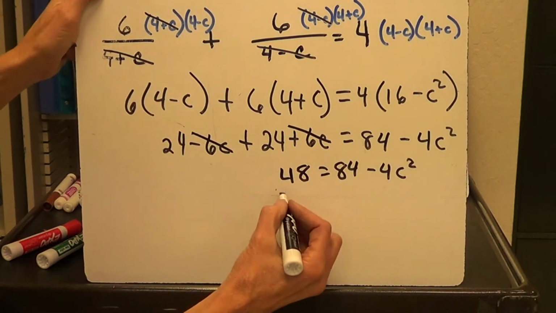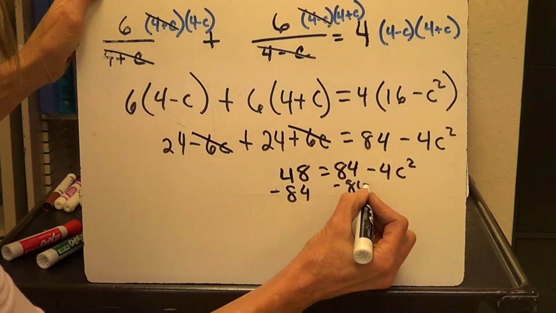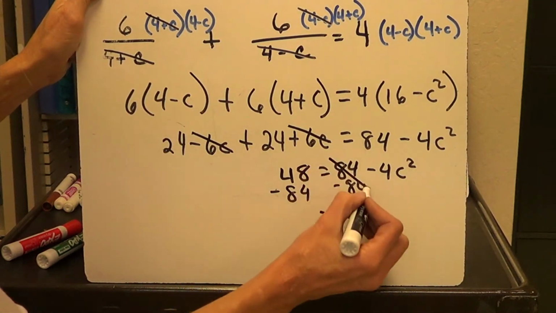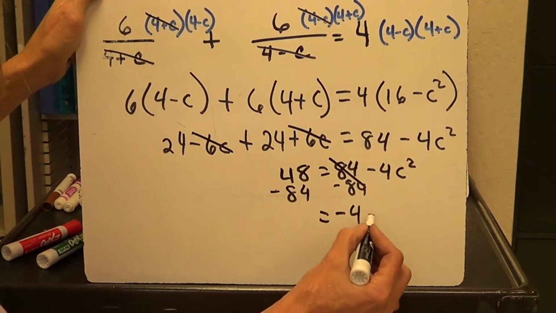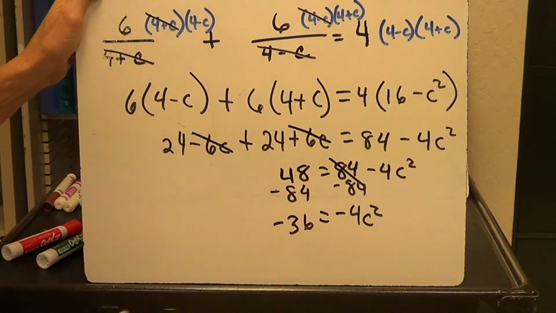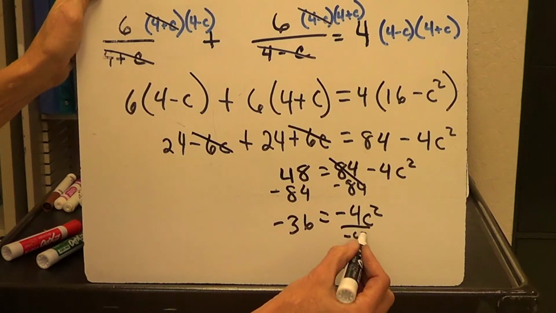We subtract 64 from each side. We're just trying to get this c squared alone. We will end up with negative 4c squared equals 16, a negative 16. Trying to get that c squared alone, we divide by negative 4 on each side.